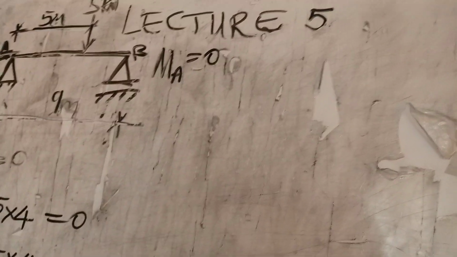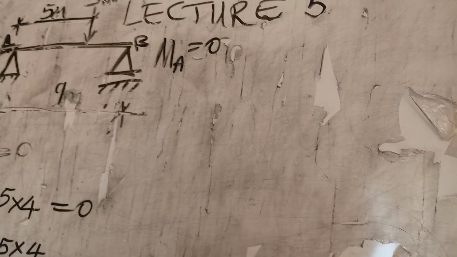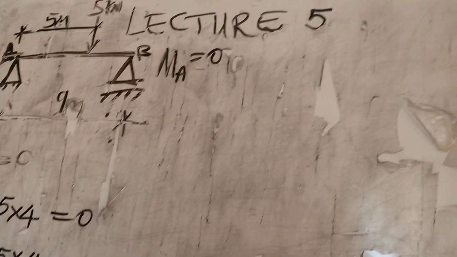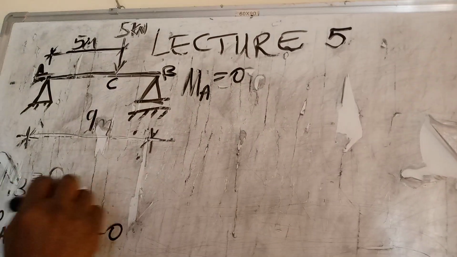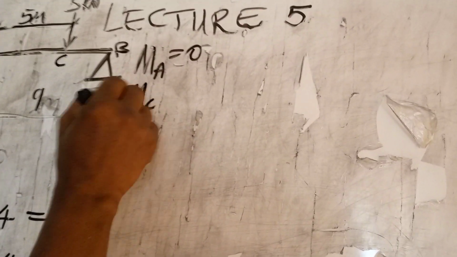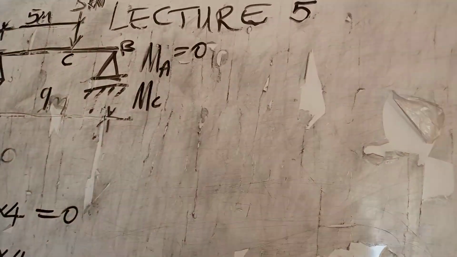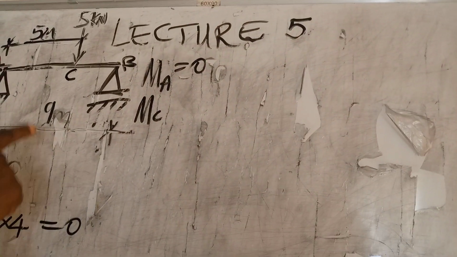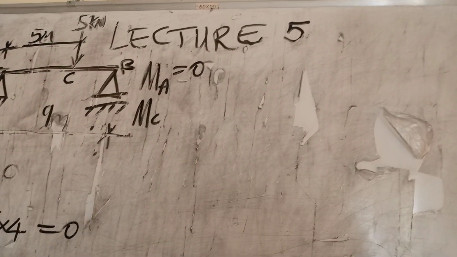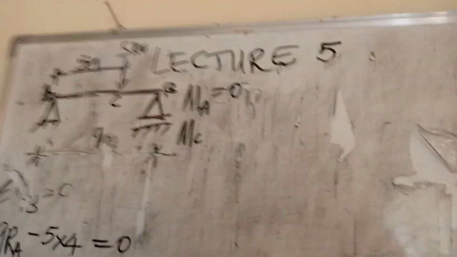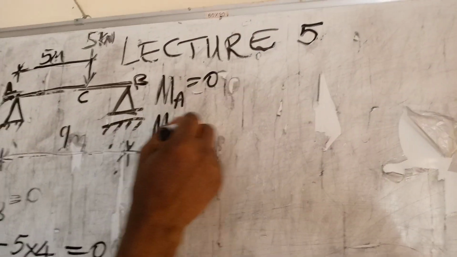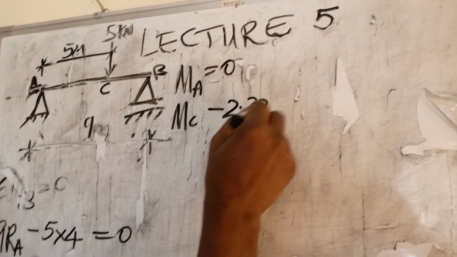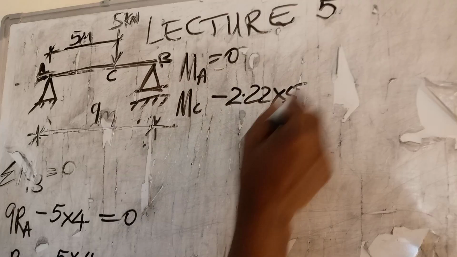Then we now move to that point, which I called C as before. At C, turning this way, I call it positive as I said. Then reaction A will be against it, which will be negative: minus 2.22 times 5.